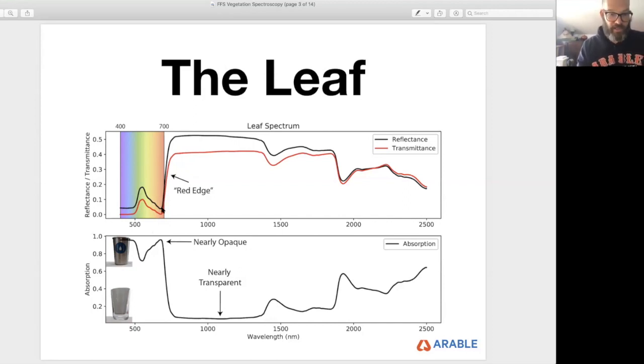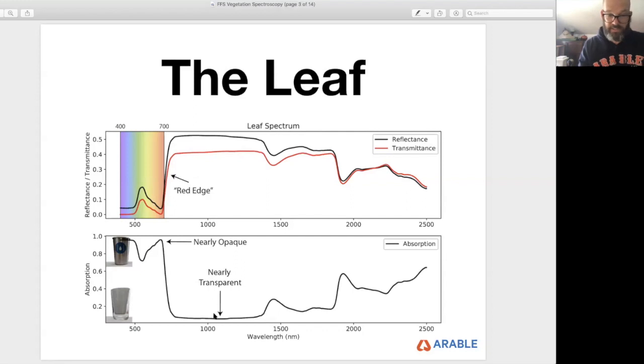So then the leaf spectrum goes up very steeply right here at this place that's called the red edge, and it absorbs almost no light. And it's nearly transparent. So, if you think about looking into a cupboard, in the visible spectrum, a leaf is like looking at just an opaque mug.